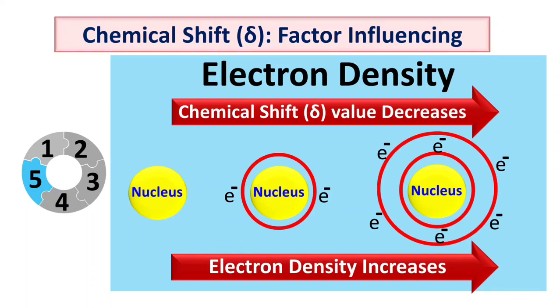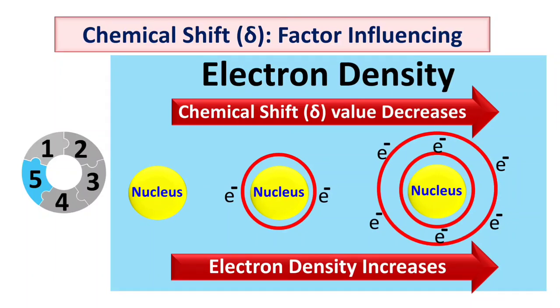So for example, let's say you are giving a 1.41 Tesla magnetic field to the active nucleus, and we expect that all 1.41 Tesla should be experienced by that nucleus, but in real cases some of the magnetic field is used by the electrons present around the nucleus, and therefore the 1.41 Tesla magnetic field will not reach the nucleus completely, and that is how the chemical shift value decreases, because this also affects the precessional frequency of the nucleus.